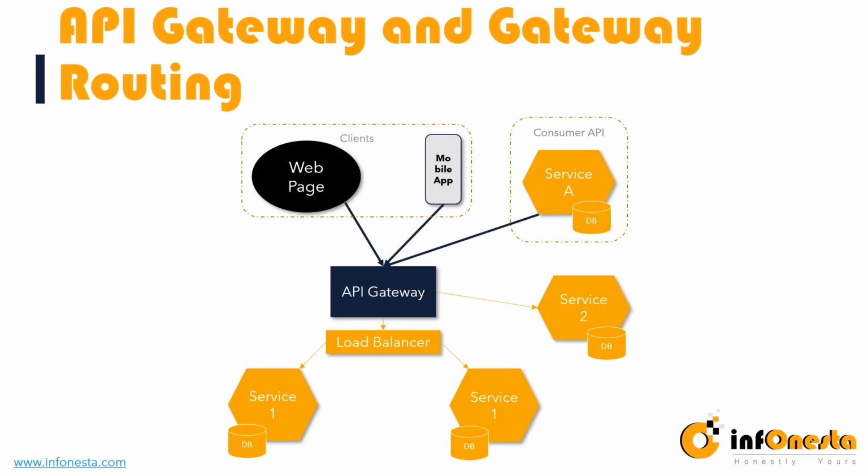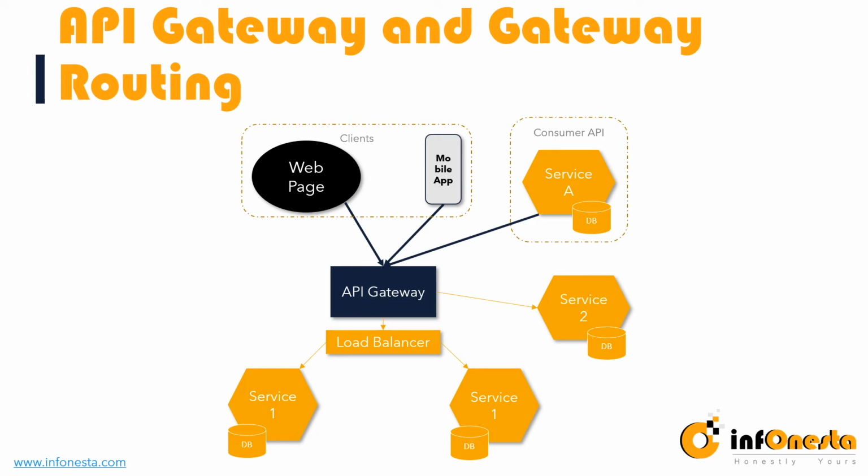The next is API gateway. This pattern can help to decide to go to a particular service, unlike aggregator that goes to all the services to complete the response. API gateway is an entry point for the client request and routes the requests to a particular service for a particular purpose.